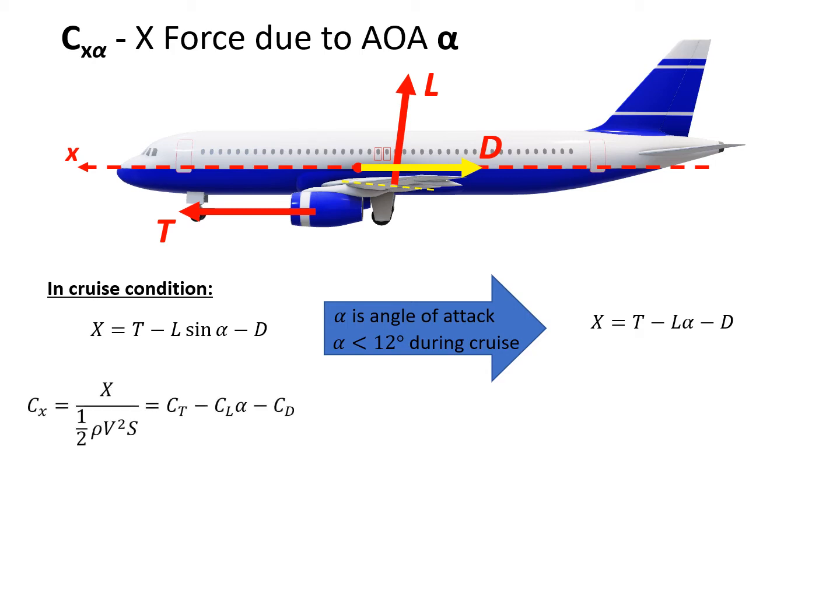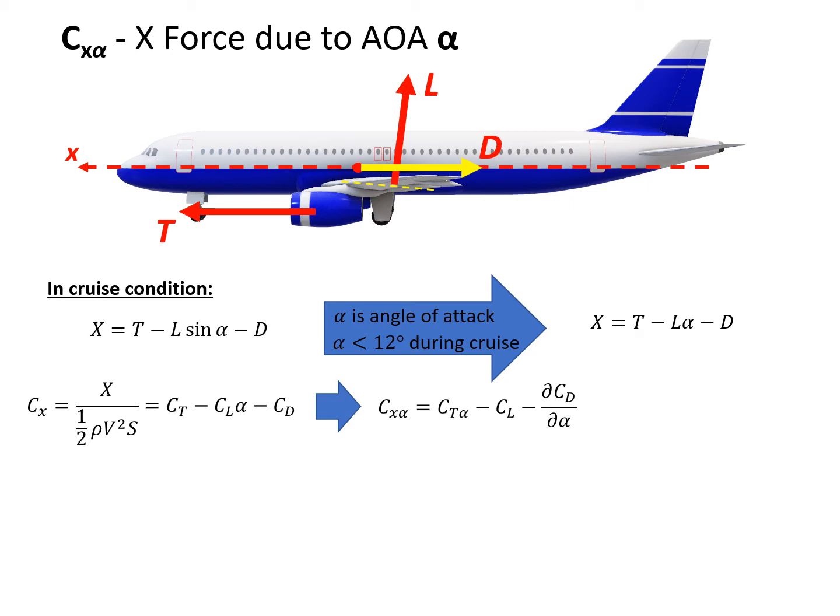So Cx equals X divided by half rho V squared times S, which is the denominator we use for the force. Then on the right hand side we have Ct, the thrust coefficient, minus the lift coefficient times angle of attack, minus the drag coefficient. So we have this combination, and we will do the derivative now.